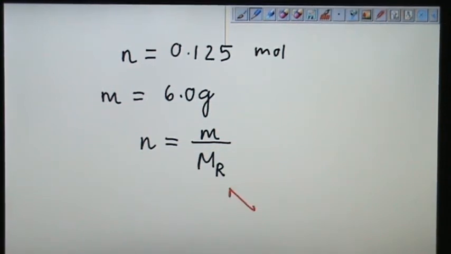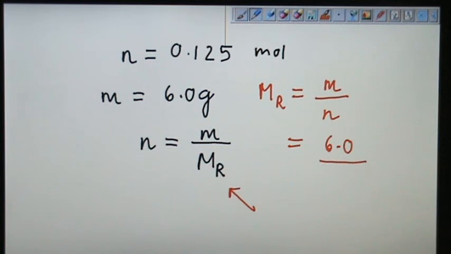So molar mass equals the actual mass over number of mole. This actual mass is 6.0 gram, and this mole is 0.125. Now 6 divided by 0.125 will give you 48. So the molar mass of the unknown gas is 48, while the unit should be 48 gram per mole.